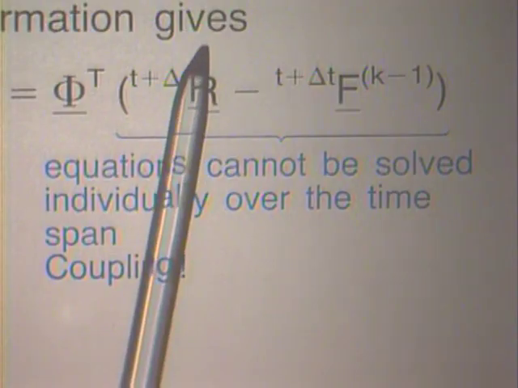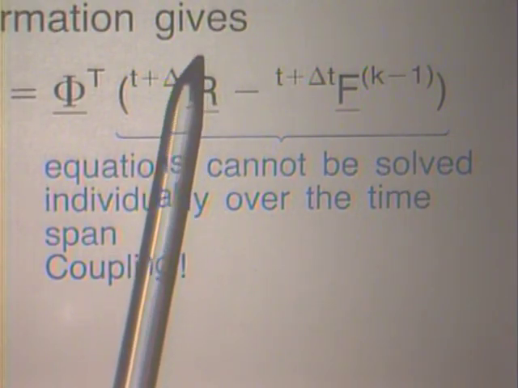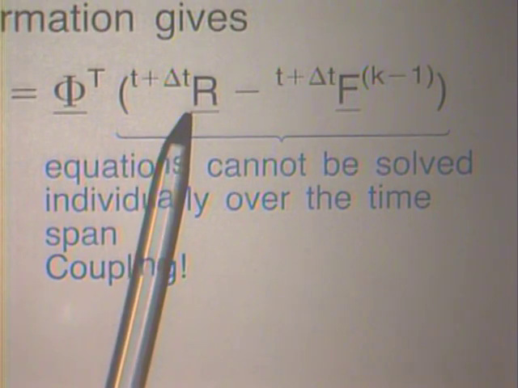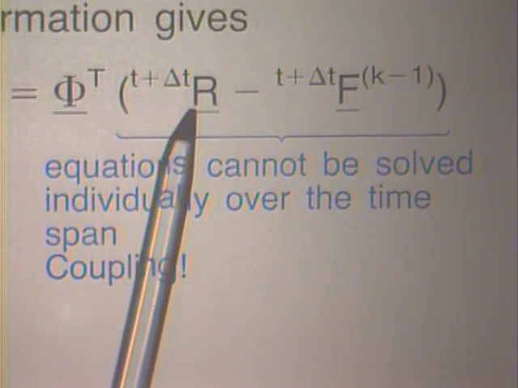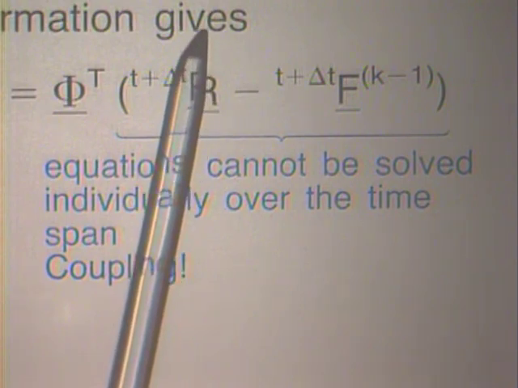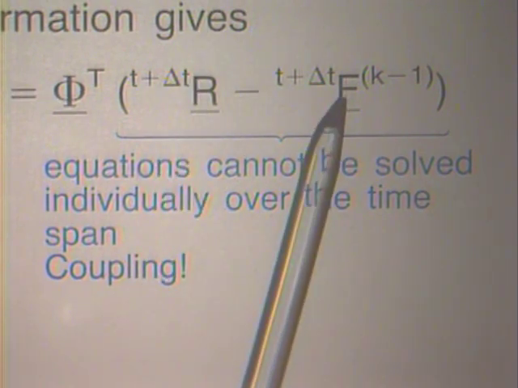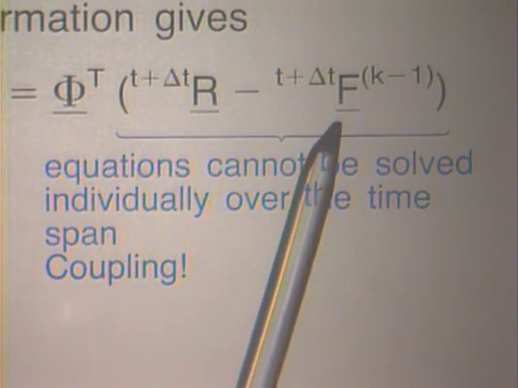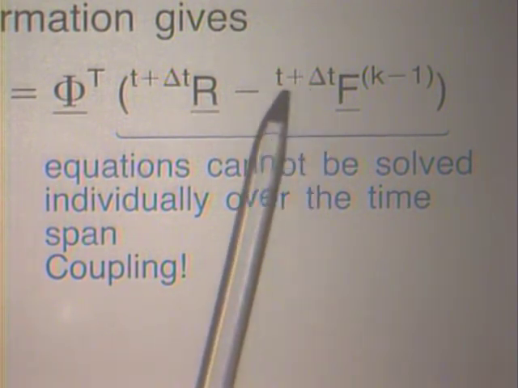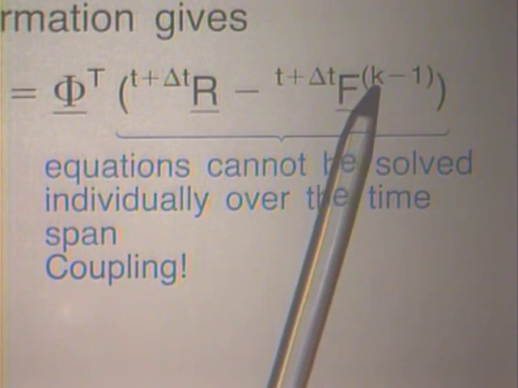In any case, in general, we will have much fewer equations than finite element degrees of freedom. The externally applied loads corresponding to these degrees of freedom are listed in here. Of course, the F vector is the vector of nodal point forces corresponding to the element stresses at time t plus delta t, and at the end of iteration k minus 1.